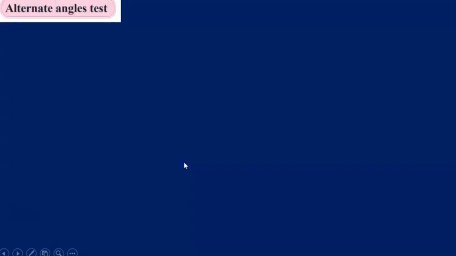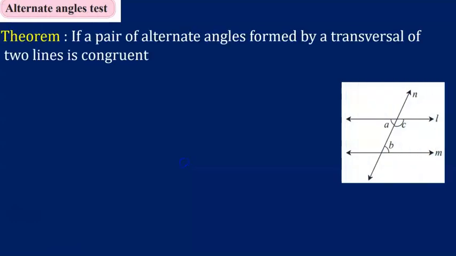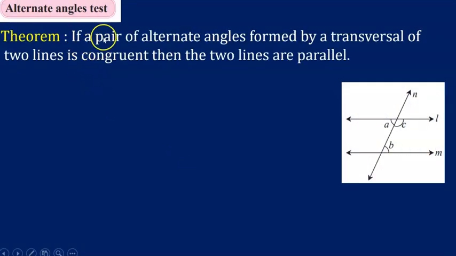Next, the alternate angle test. If a pair of alternate angles formed by a transversal of two lines is congruent, then the two lines are parallel.